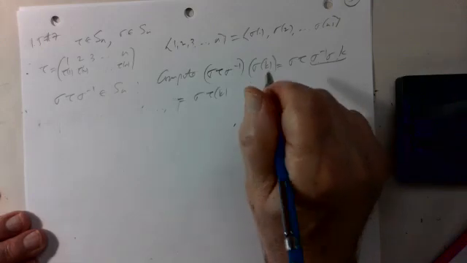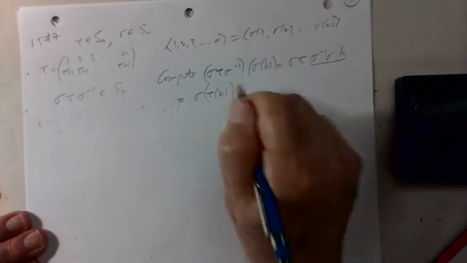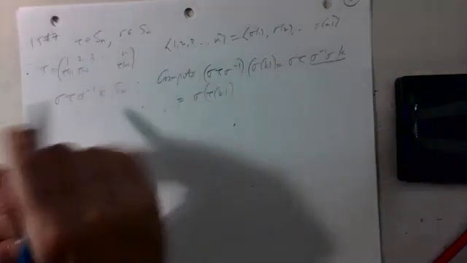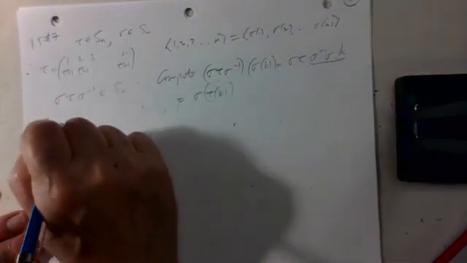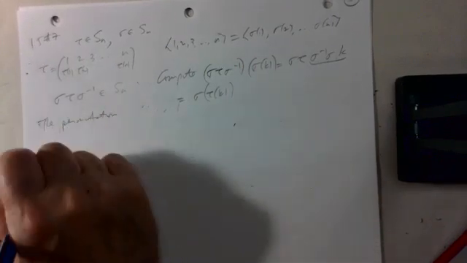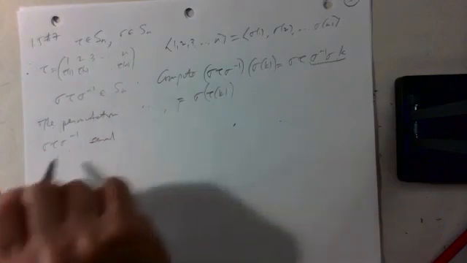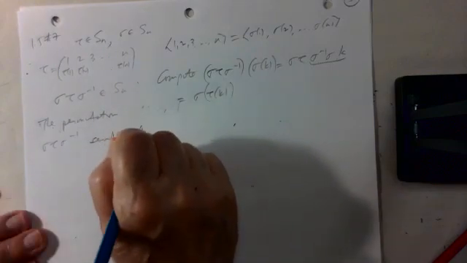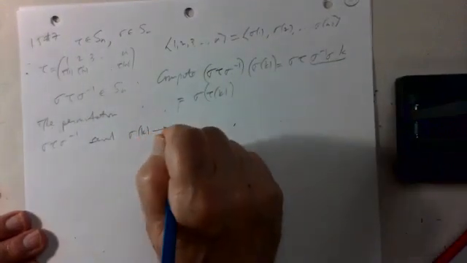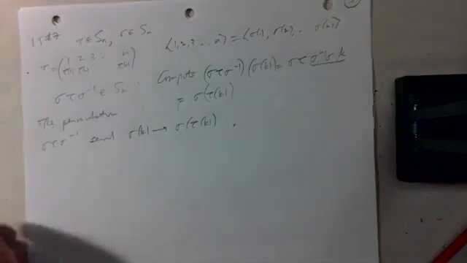So this is equal to sigma of tau of k. So the permutation sigma tau sigma inverse sends sigma of k to sigma of tau of k.